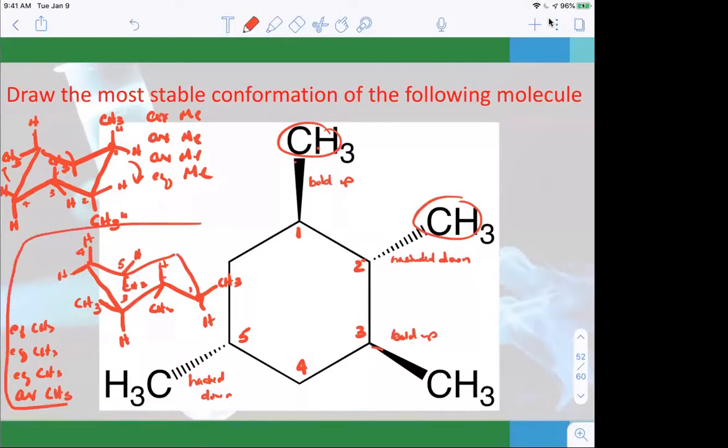This one has more of the substituents that are larger than hydrogen in the equatorial positions. So this is going to be more stable. This minimizes diaxial interactions and also minimizes steric strain. So this is going to be the more stable conformation.